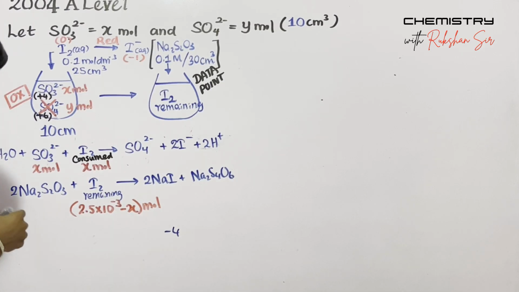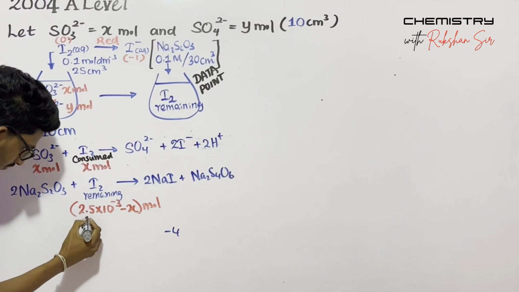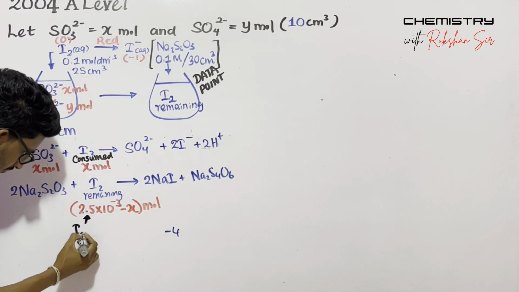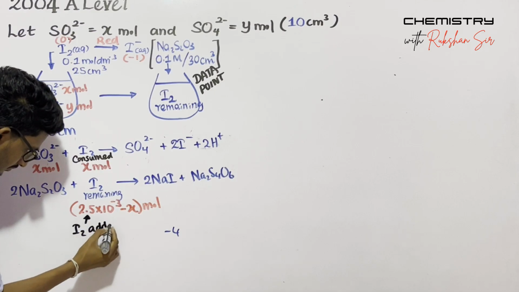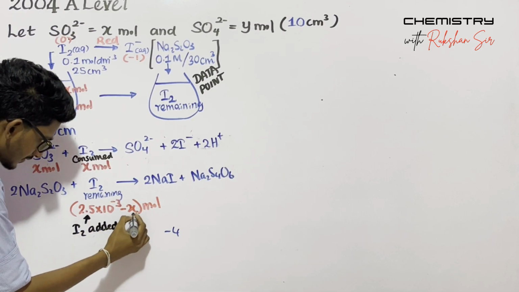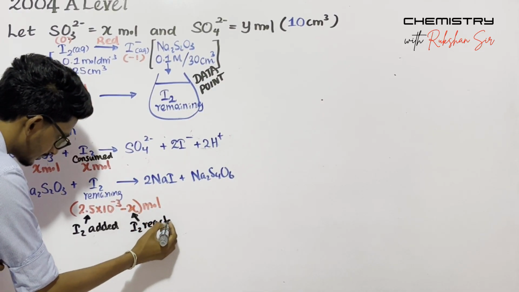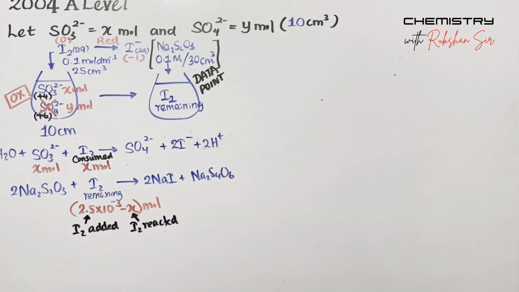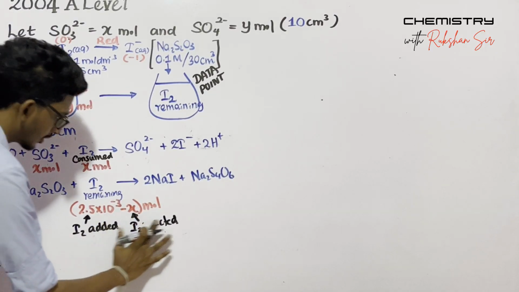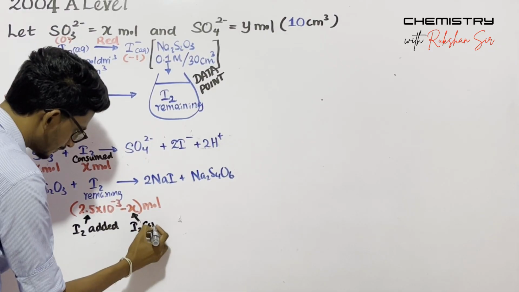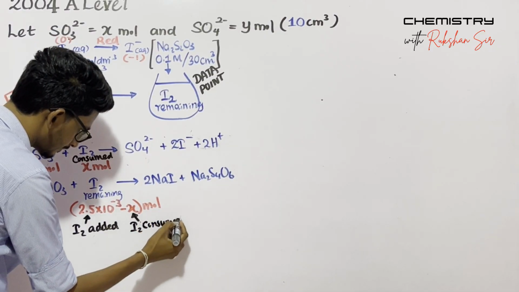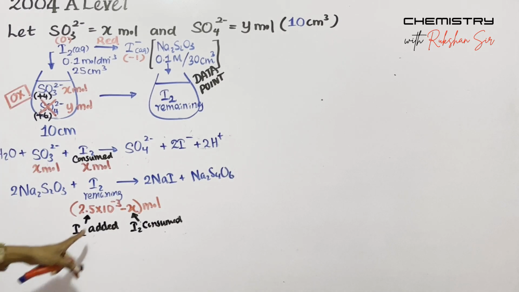This is the I2 added. This is I2 reacted, or the consumed. So the added amount minus the consumed amount will give you the remaining amount, right?